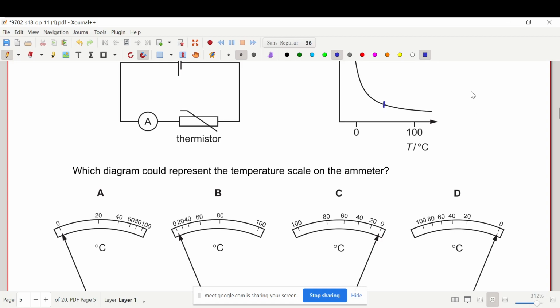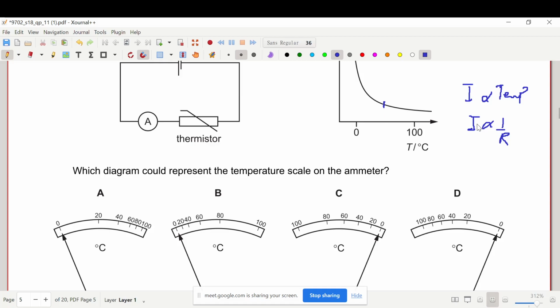So if I just try to find out that I is directly proportional to temperature, because when temperature increases, current also increases. Not for the thermistor. When resistance increases, current decreases.